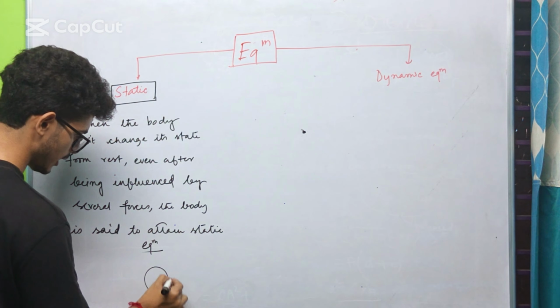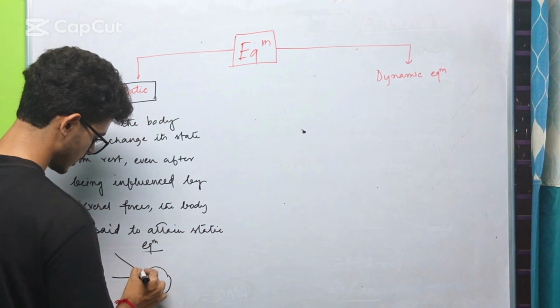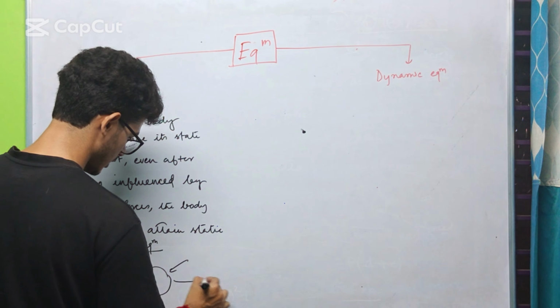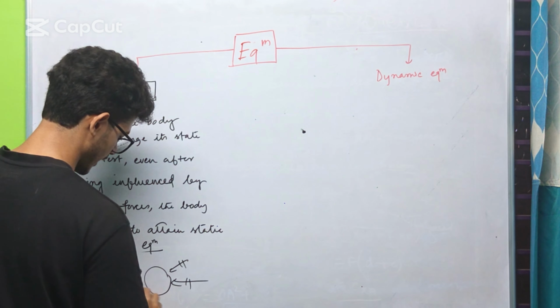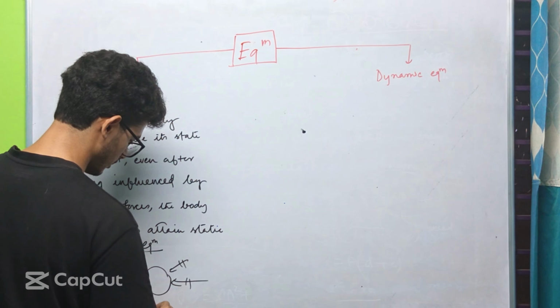Let's say this is a body and several forces are acting, but still the body is at rest. That means these forces get cancelled. Then we call it static equilibrium.